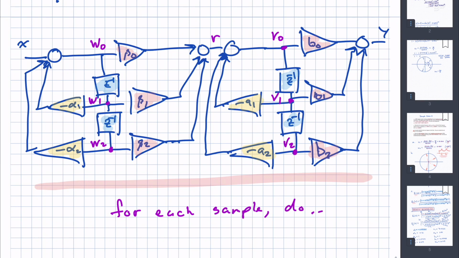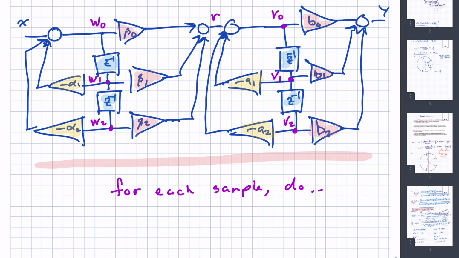do the following. Okay, so we look at the outputs of the summers and we move our way from left to right. Okay, so looking at W0, I'm taking a look at this output and I see what comes in. What comes in is X, this line and this line. Okay, so W0 is X, all right?